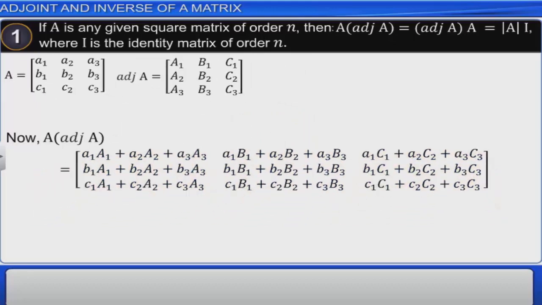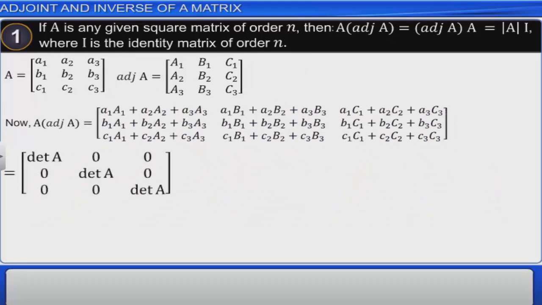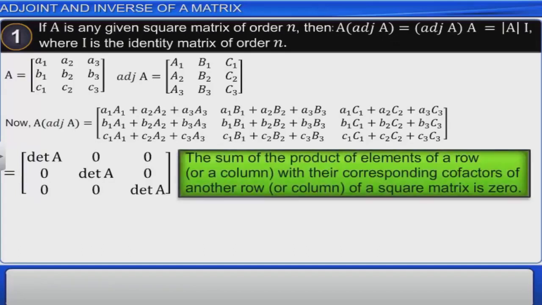This is equal to a diagonal matrix with each diagonal element equal to the determinant of A. This is because the sum of the product of the elements of a row or a column with the corresponding cofactors of another row or column of a square matrix is 0. Now, taking determinant of A common, we get determinant of A into I, where I is a 3x3 identity matrix.